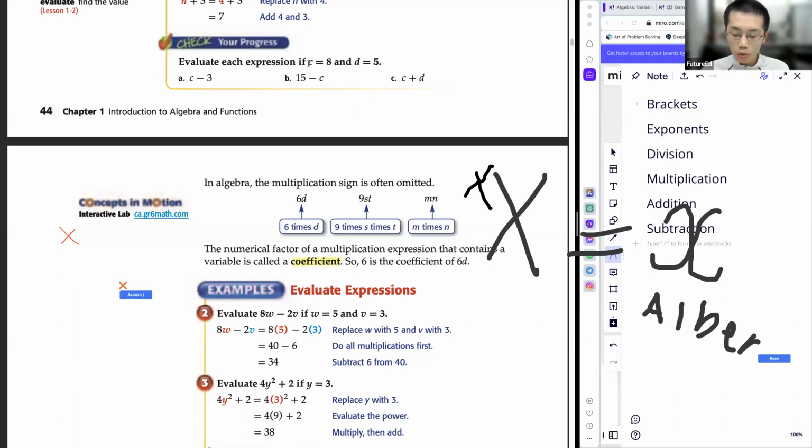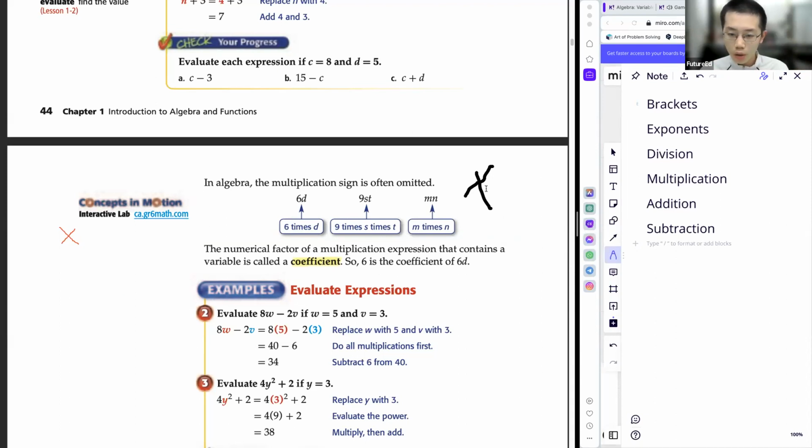I'm pretty sure for historical reasons, lots of people like using X for variables. Variables can be any number, they can be a cupcake, they can be a star, but for some weird reason, everyone loves using X. And unfortunately, the letter X looks a lot like multiplication, right?